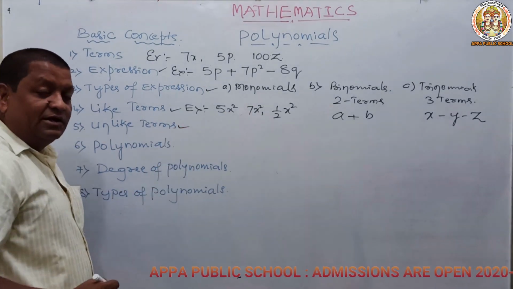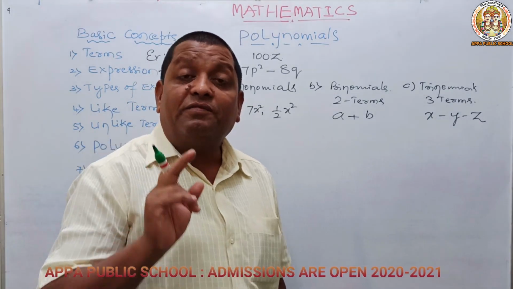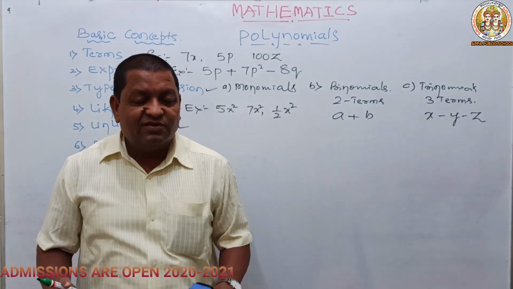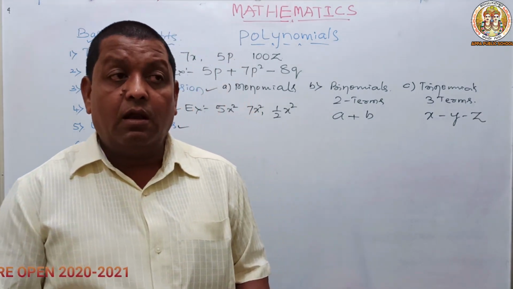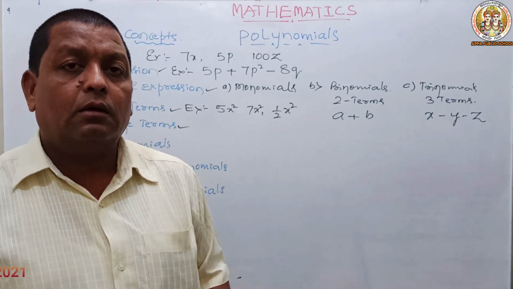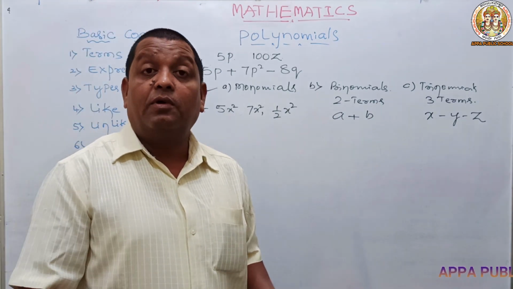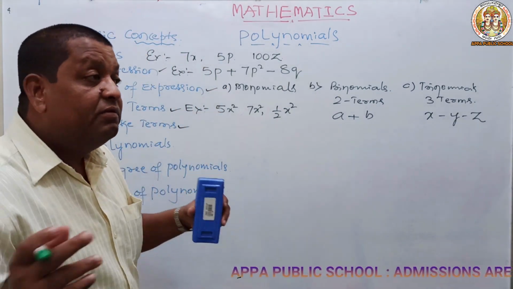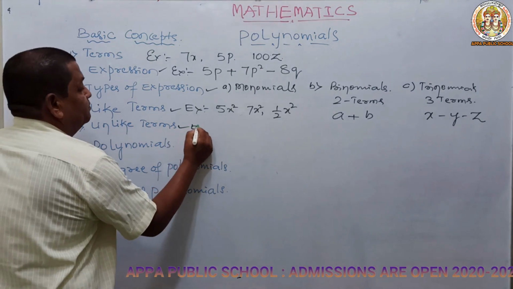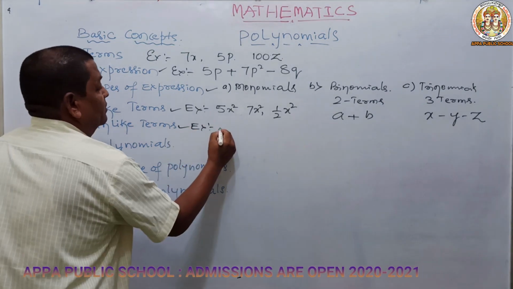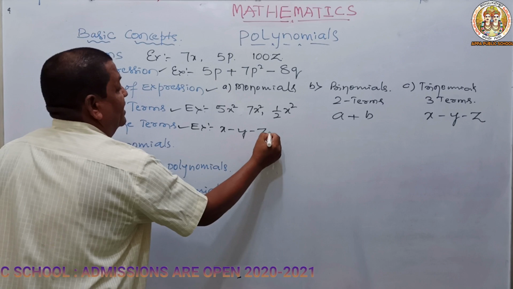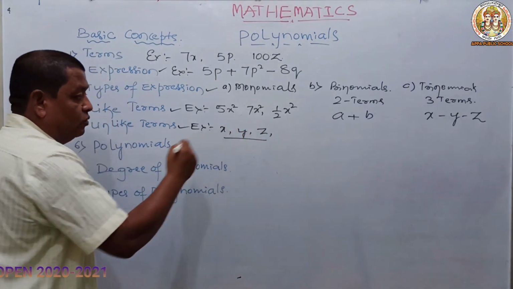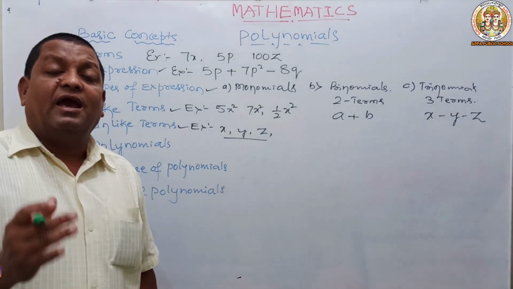What do you mean by unlike terms? If terms have different variables, or the same variable with different powers. Example: x, y, z.